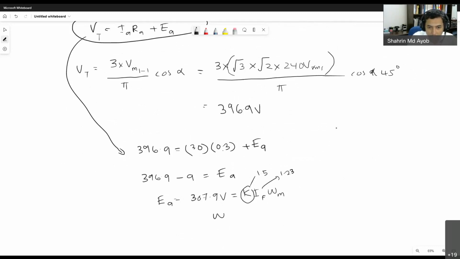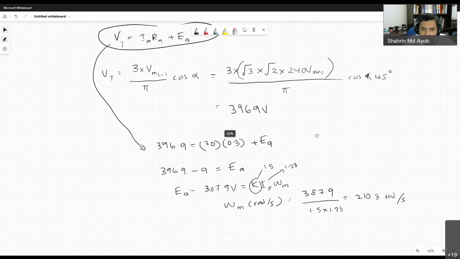So your speed in radian per second is 387.9 over 1.5 multiplied by 1.23. Okay, so 210.3 radian per second.